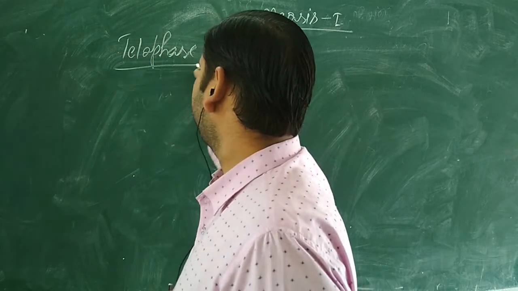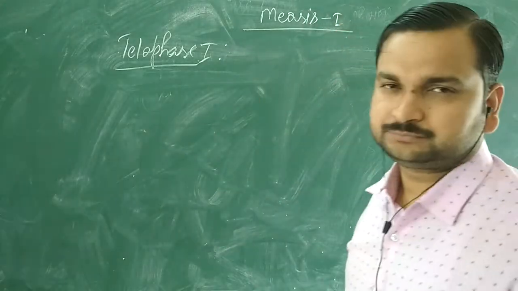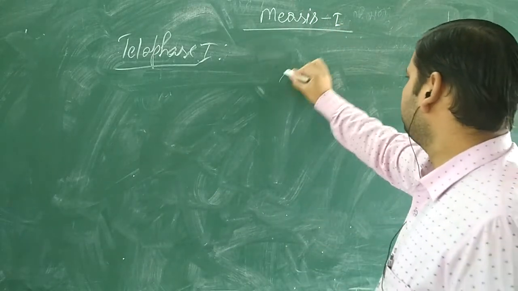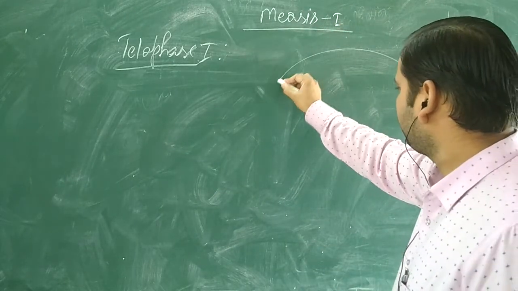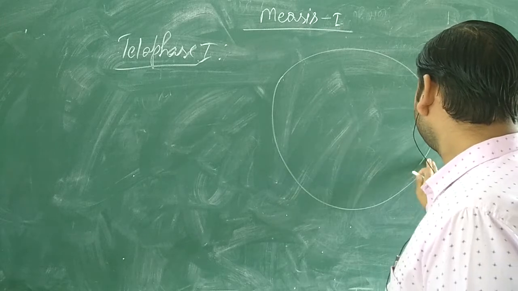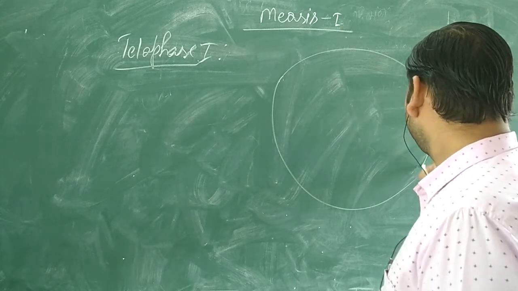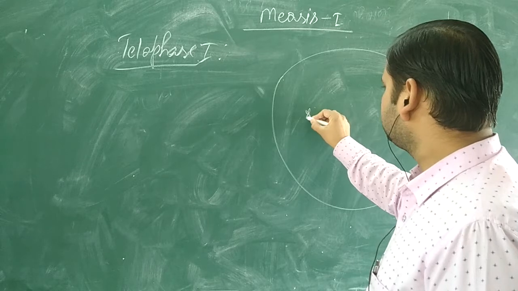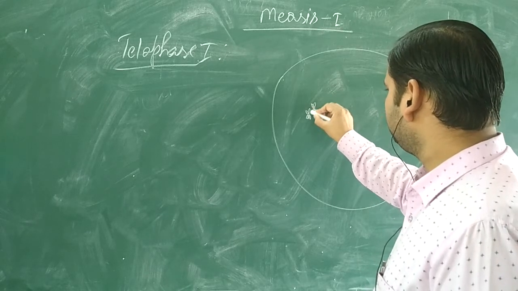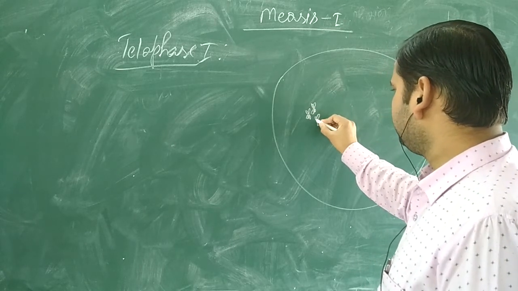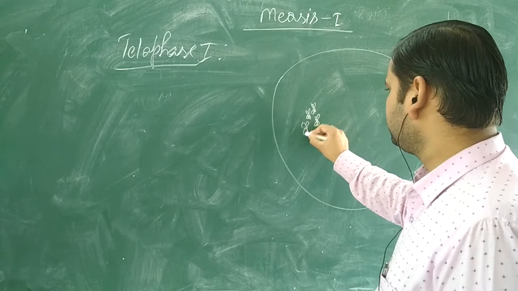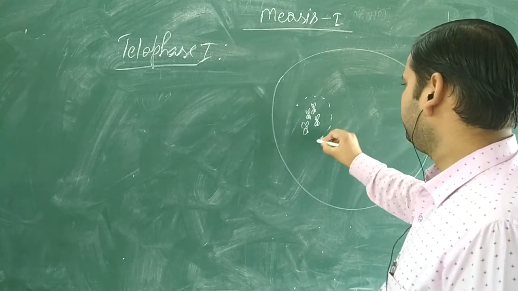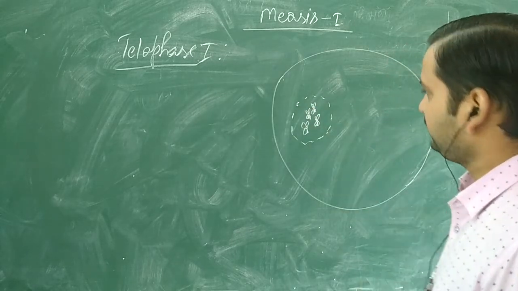Telophase first. So what happens in the telophase first? The chromosomes will reach towards the opposite pole. Even in some of the cells, they will become decondensed also, and the nuclear membrane will reappear.